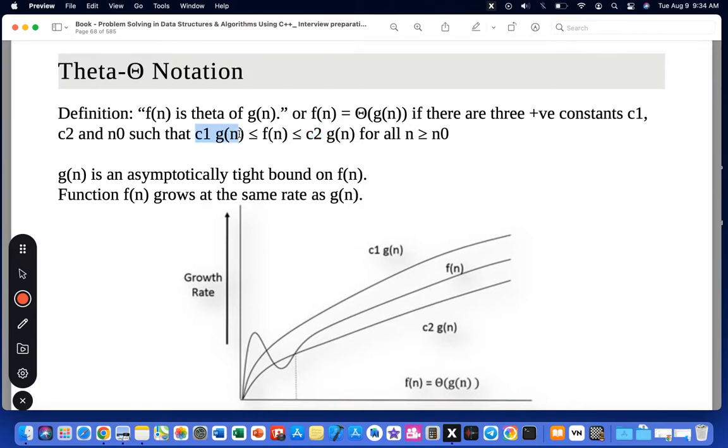So c1 and c2 represent tight bounds, upper and lower bounds, for the function f of n for all n greater than or equal to n0. g of n is an asymptotically tight bound, so this is the c1 g of n and this is the c2 g of n, and in the middle we have the f of n.